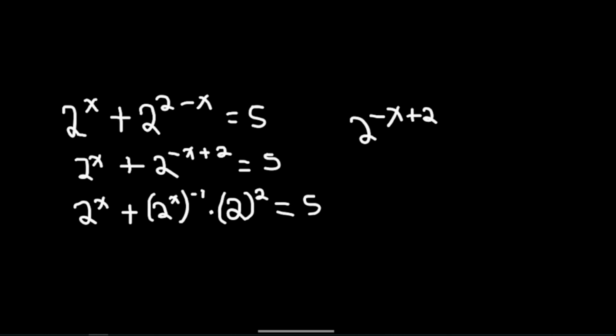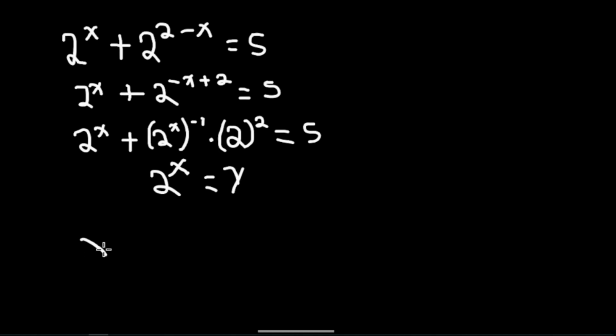Now that I've reached this point, I can notice that I've got 2^x and 2^x. The whole point is having the same expression 2^x appearing twice. Let me make 2^x equal to y, so this is going to be y plus y to the power negative 1, times 4, is equal to 5.